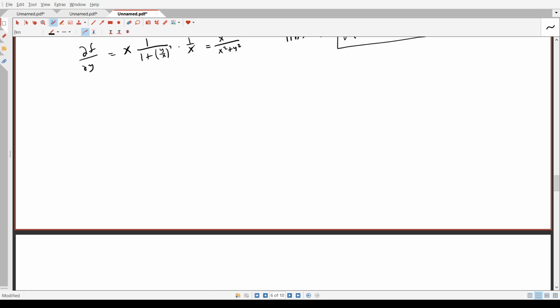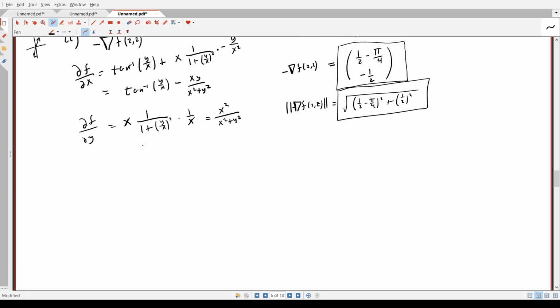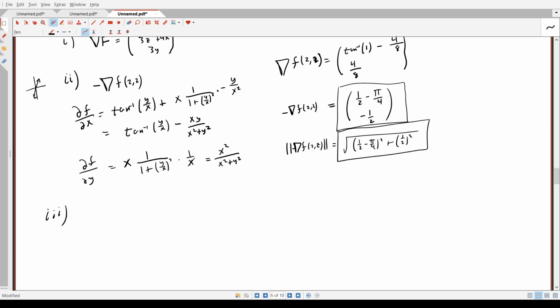I still need the gradient. Okay, 3. It says find the directional derivative. Oh, okay, so I need to scroll up even more.